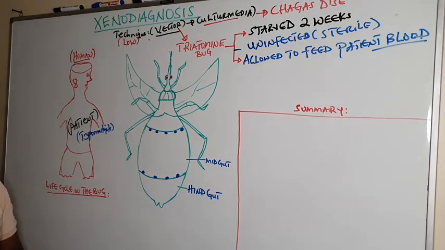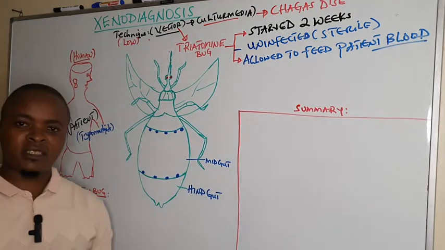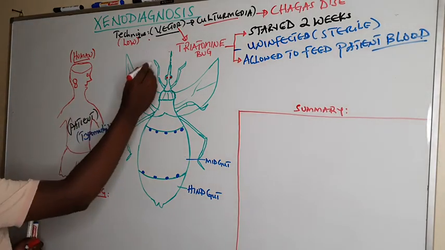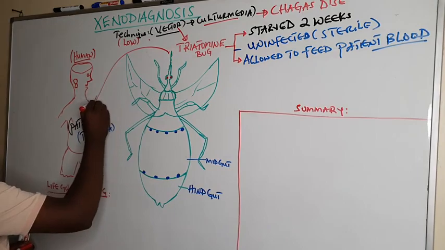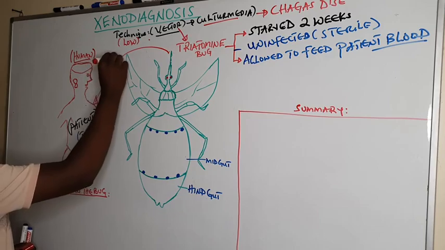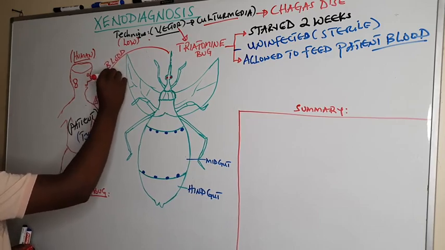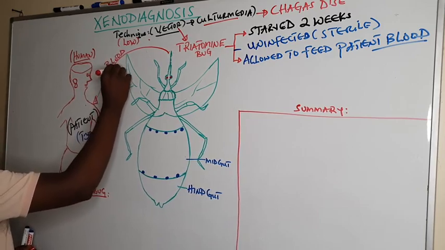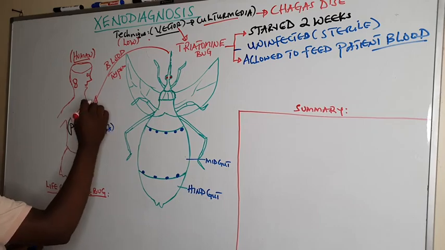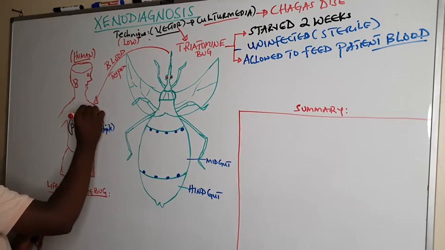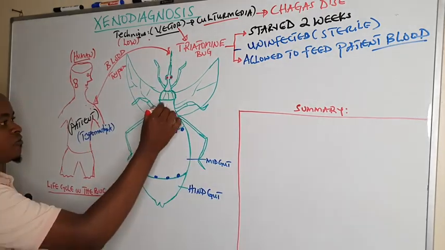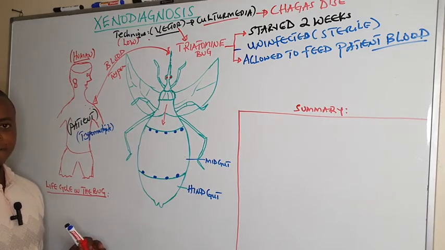We allow this uninfected, starved laboratory triatomine bug to feed on this man, and when it feeds, it takes up his blood, which we suspect to contain trypomastigotes.